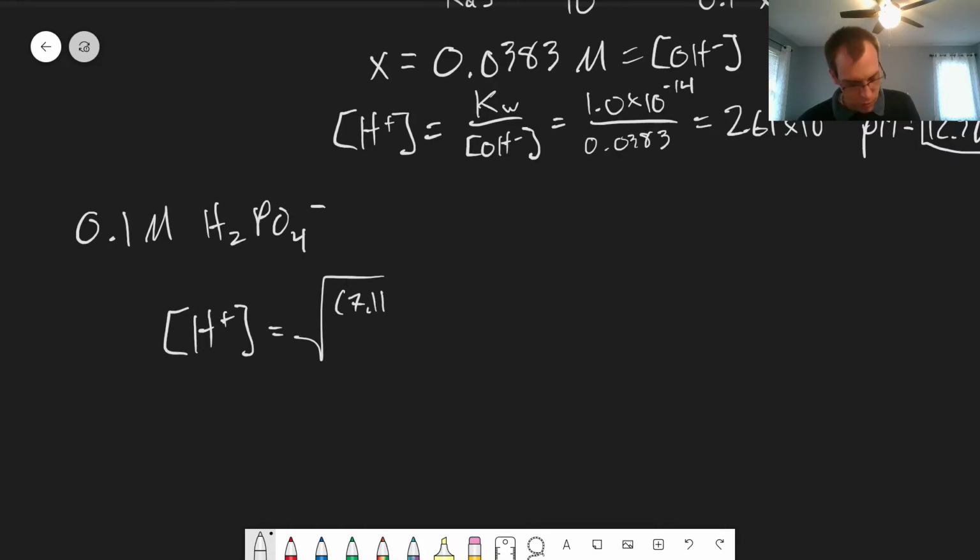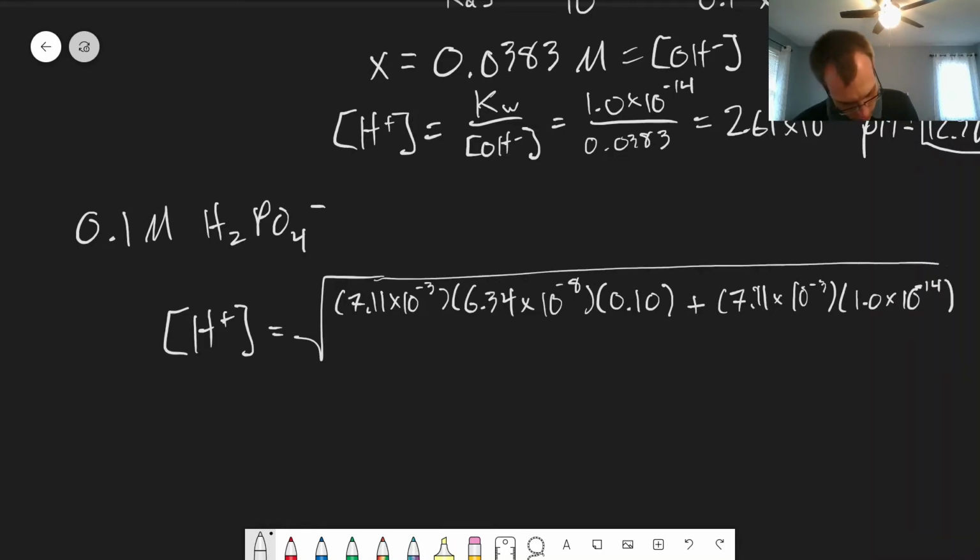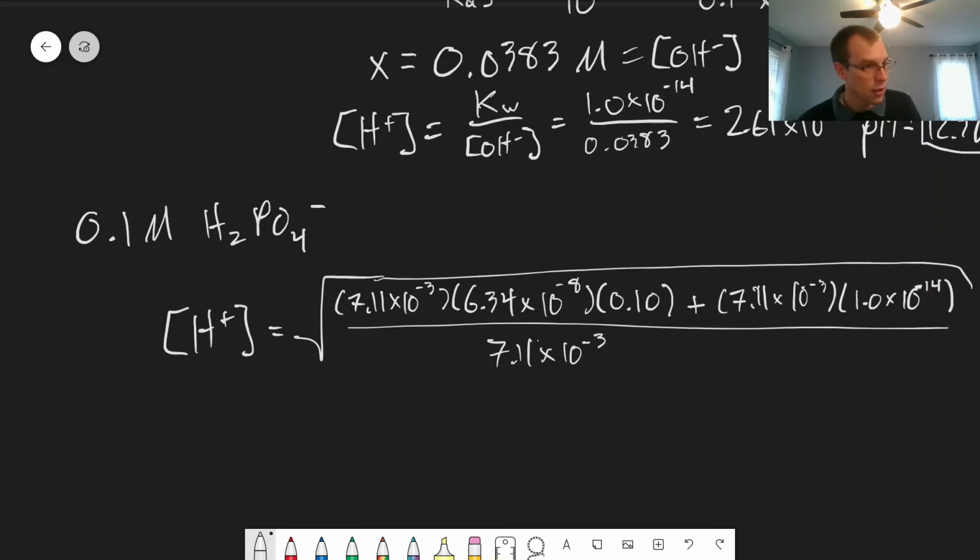We have 7.11 times 10 to the minus 3 times 6.34 times 10 to the minus 8 times our concentration, 0.1, plus 7.11 times 10 to the minus 3 times Kw, 1.0 times 10 to the minus 14. All of that divided by 7.11 times 10 to the minus 3 again, plus 0.10.